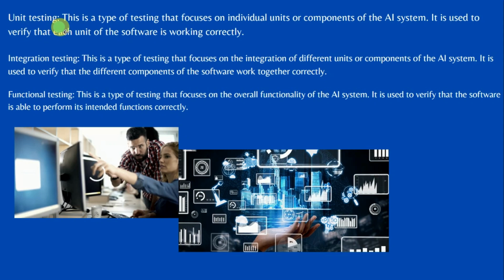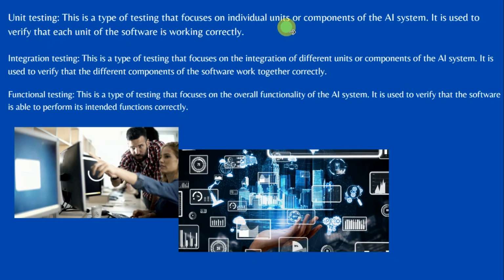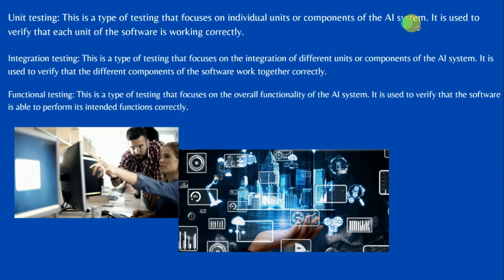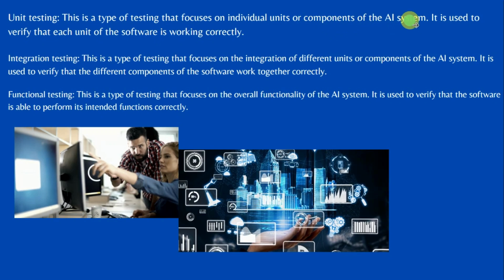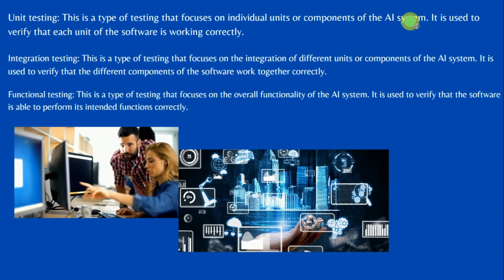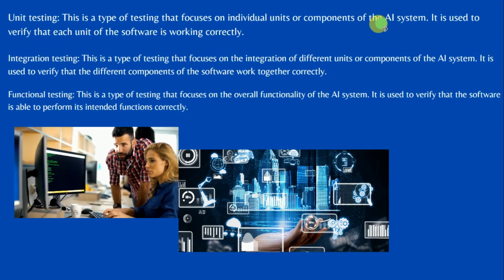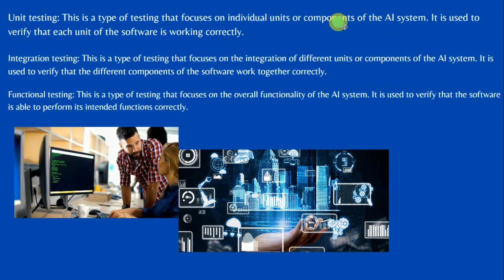Now unit testing. This is the type of the testing that focuses on the individual units or components of the AI systems. Suppose your chatbot is the AI system. So this is with multiple components.